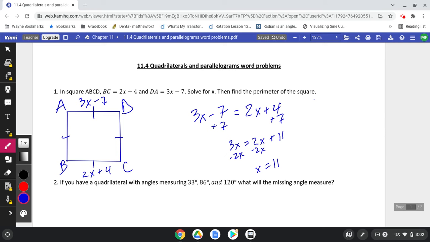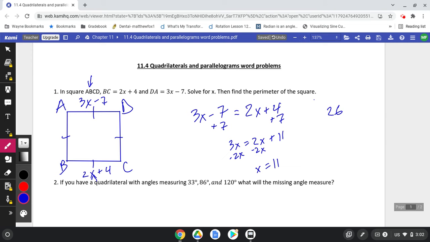Now be careful, that is not the side length. We need to plug in x in order to figure out what the side length is. If we take x and plug it in, we can plug it into either one because they are going to be the same. Whichever one looks easier. So 2 times 11, I'll do the bottom. 2 times 11 is 22, plus 4 gives us 26.